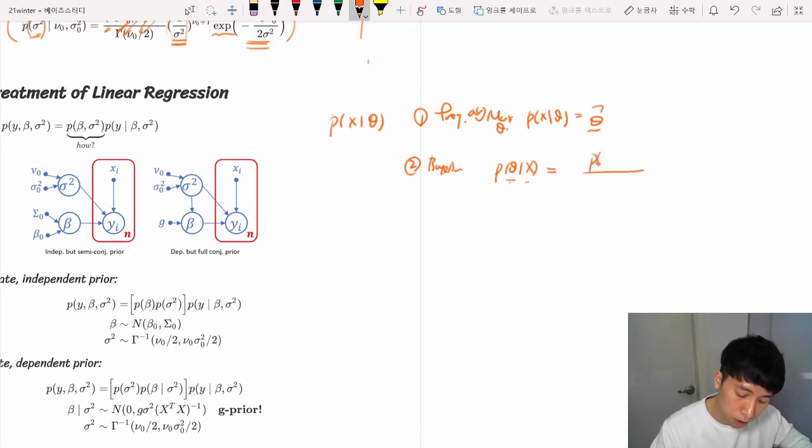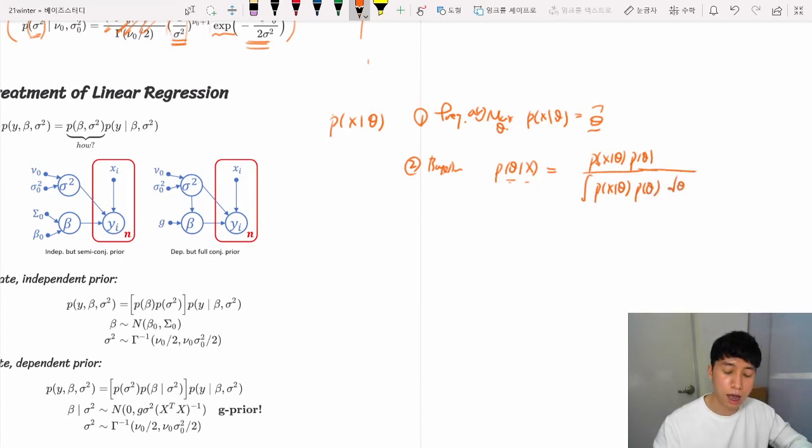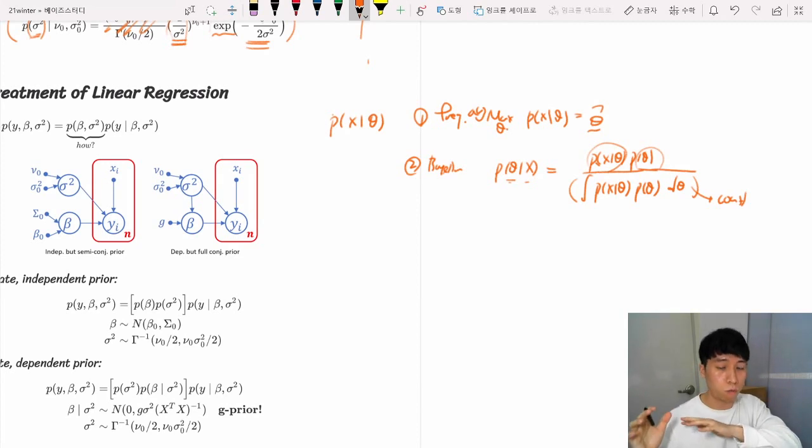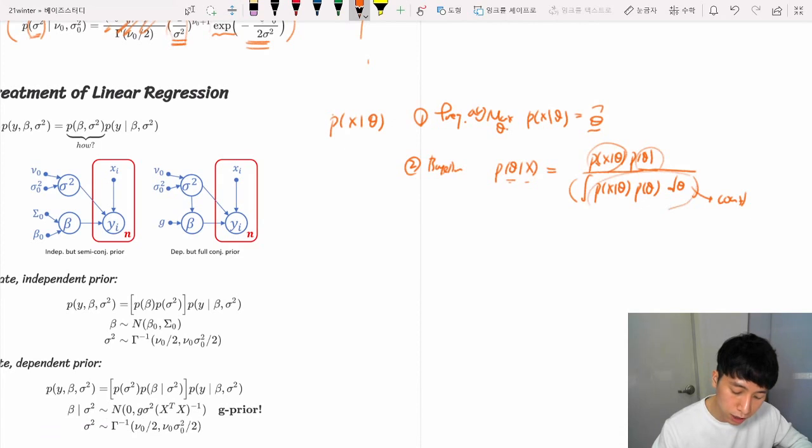Using the all-familiar Bayes' rule, you can easily see that this posterior is proportional to the likelihood times the prior, right? And since this part is just a constant, because theta, the uncertain random variable, is integrated away, and all that is left is x, and since x is known, this denominator is a known constant.